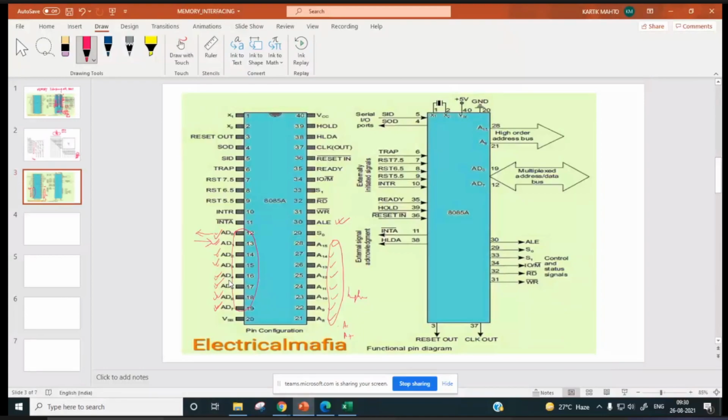So when the processor is sending address via AD0 to AD7, it makes ALE active, so that contents of AD0 to AD7, which is nothing but address only, will be stored in the external latch, right? And then these pins will be free for transmitting and receiving data. And then, of course, read bar will be made low by the processor if the processor wants to read data from a typical memory location, or write bar will be made low if the processor wants to write.